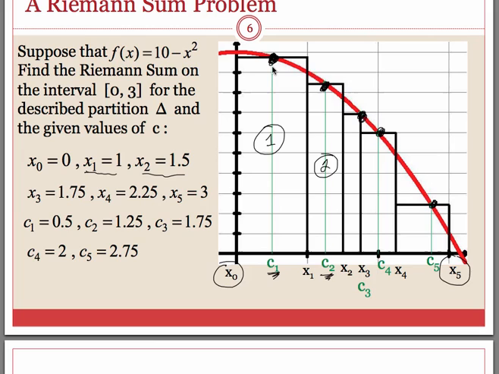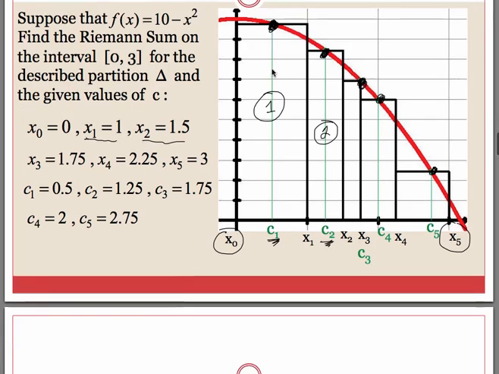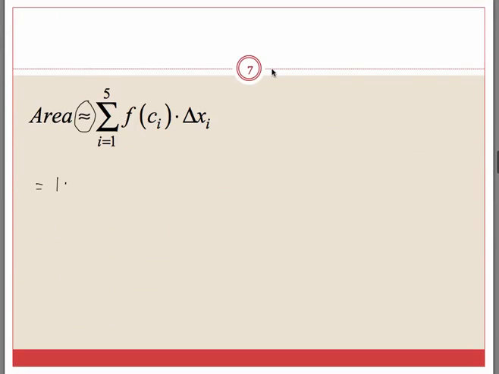This is the part we can let the calculator do. We don't necessarily have to number crunch each of these heights individually. So let's just write that up as we know we need to multiply that width of 1 times the function value at 1/2. All right, so that's your first rectangle. Let's go ahead and do the others. Then we'll turn to the calculator to do the work for us.